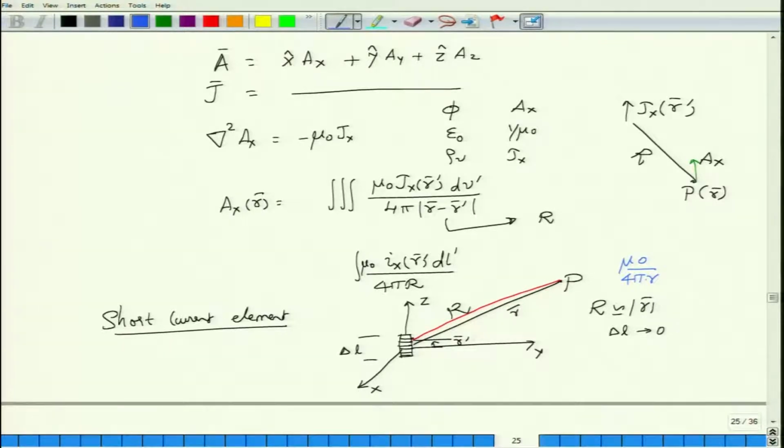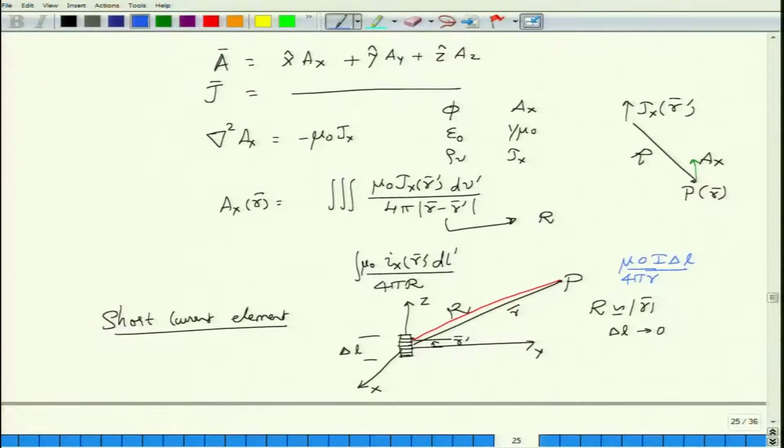You do not have to integrate because the current is along the z direction and it is constant over the line element we have taken. So if the current is I, this would be I delta L.